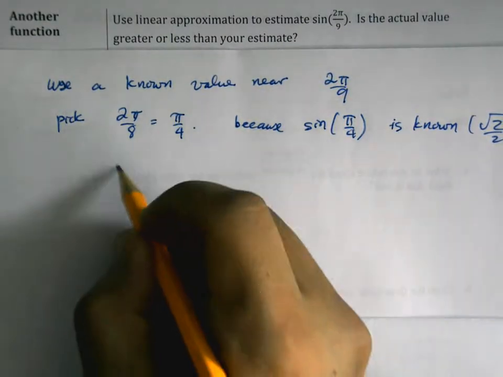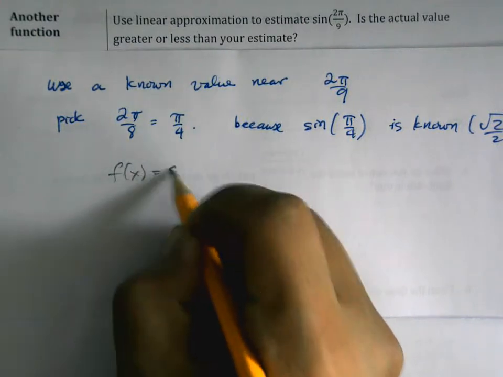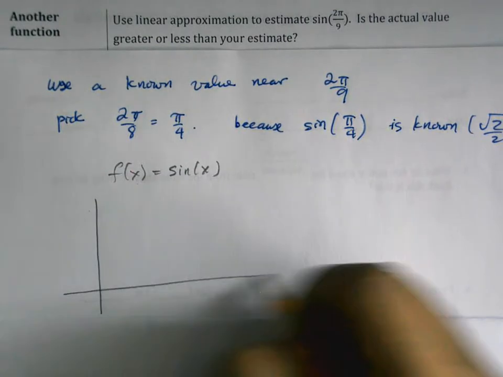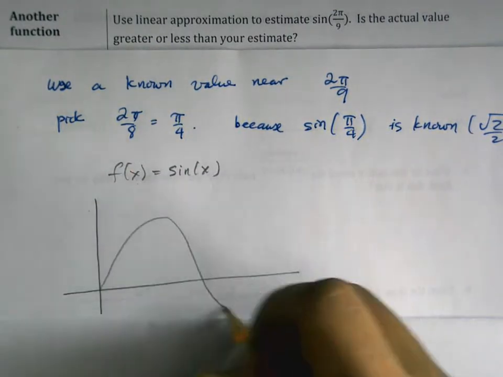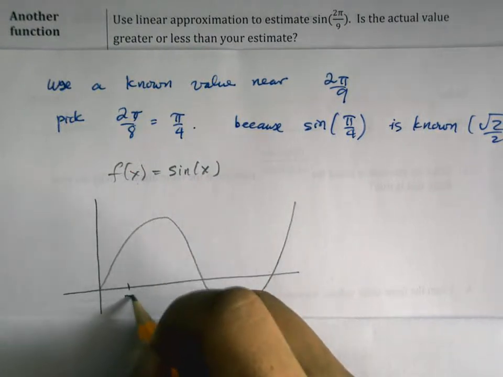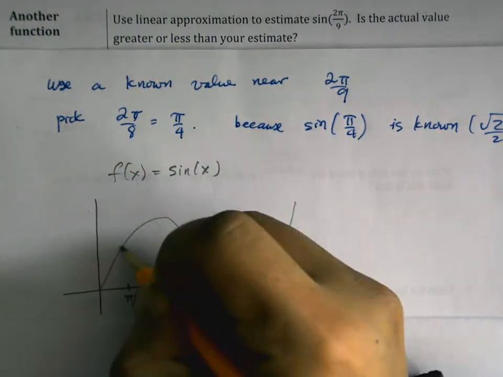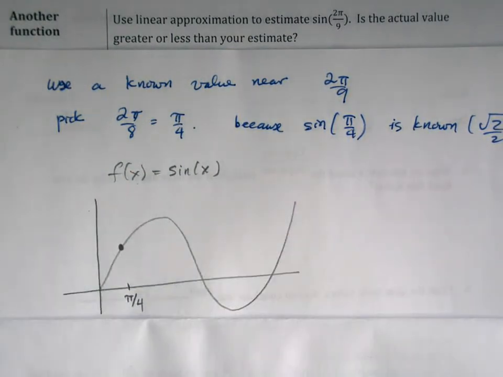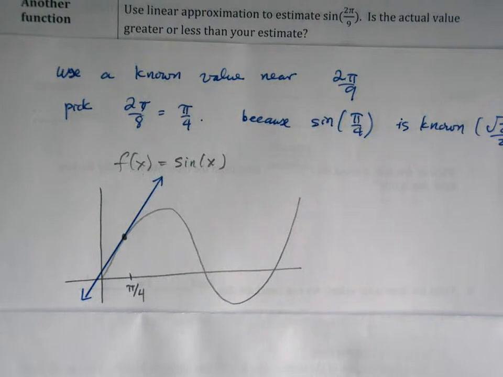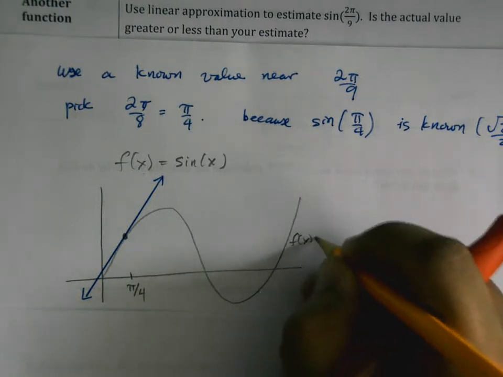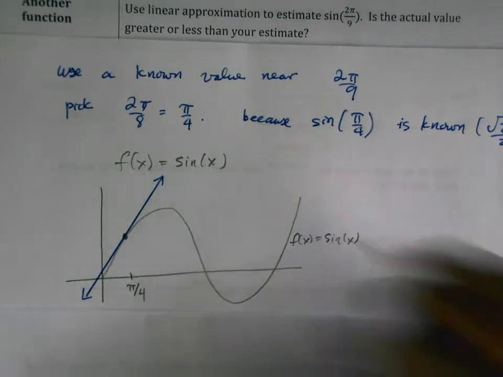Next, let's take a look at the function f of x equals sine of x. It's going to look roughly like this. And we care mostly about what this is going to be at pi over 4. We're going to use the linear approximation of this. So there is the tangent line at pi over 4. Let me label some stuff here. This is f of x equals sine of x.